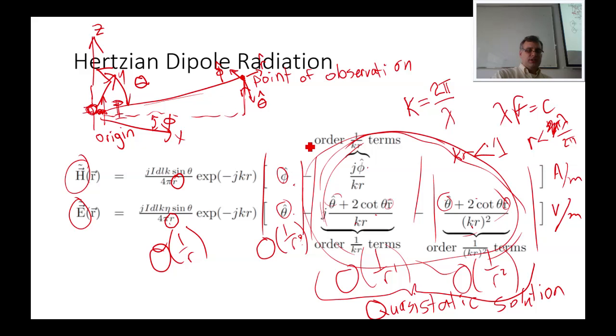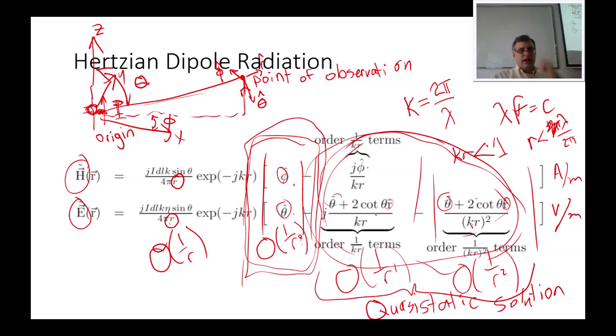That's not true about these terms over here. These terms are radiated fields. And these start to dominate when you move away from the near field, when you're more than a wavelength away typically. Then these other terms on the right, you can neglect them. And these are your far field terms.